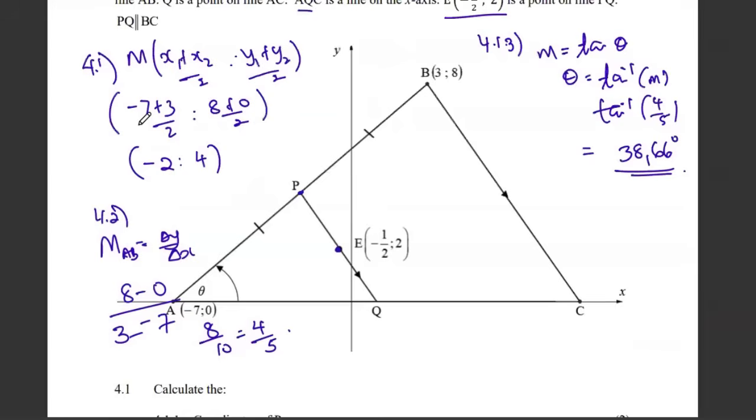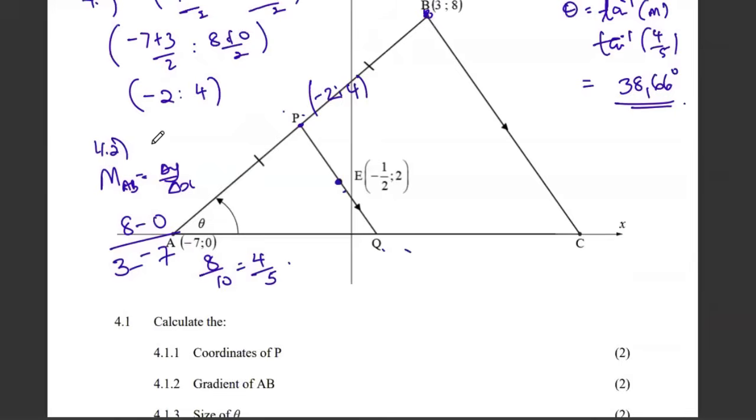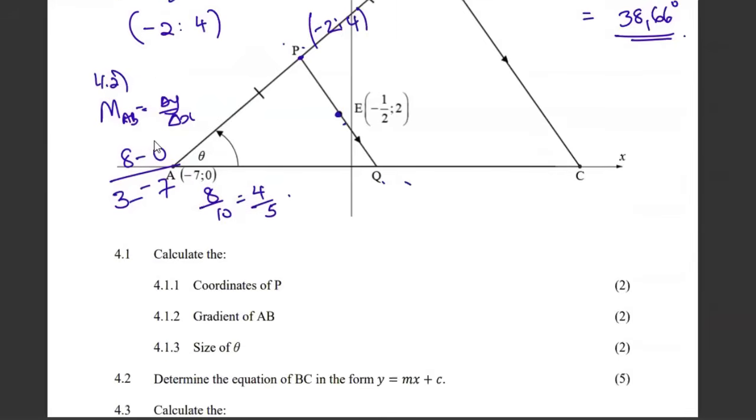All right, then determine the equation of BC. Okay, what do we know about BC? We have the coordinates -2 and 4. We can get the gradient of BC using PE, and then we use the point P. So it's saying the gradient of PE, this is 4.2. It's going to be 4 minus 2 over -2 minus a half.